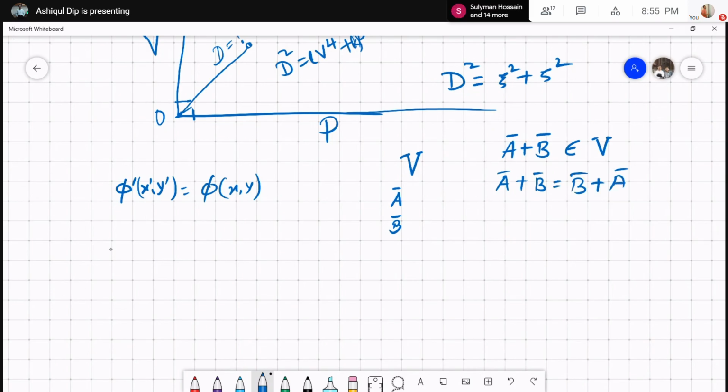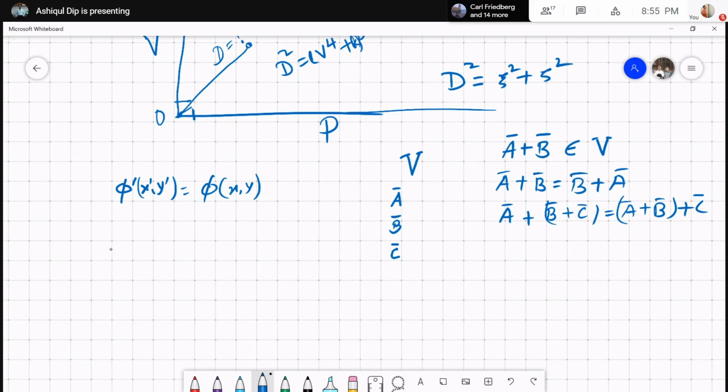For another typical element C, it has to be associative. Distributive, that's the multiplication identity; we'll talk about that later.